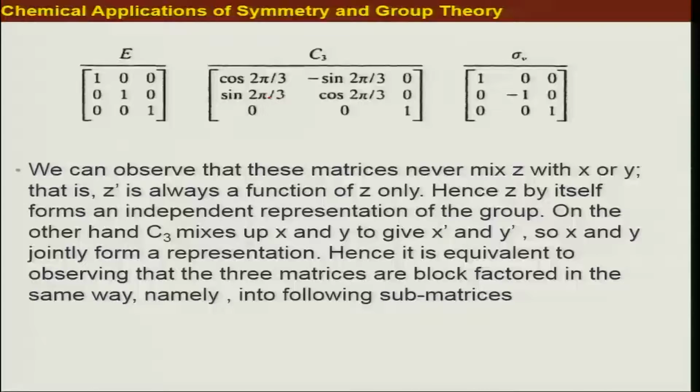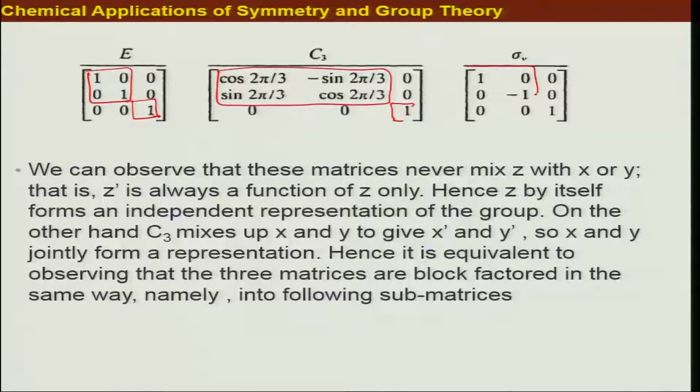So here we can see that C3 mixes x and y to give x prime and y prime. So x and y jointly form a representation. Hence, it is equivalent to observing that the 3 matrices are block factored in the same way. So I can think about that. Okay, so you can see this is a block and this is another block, right? So here also I can think about that I have the same block, same way.